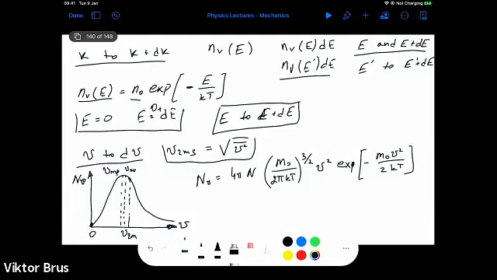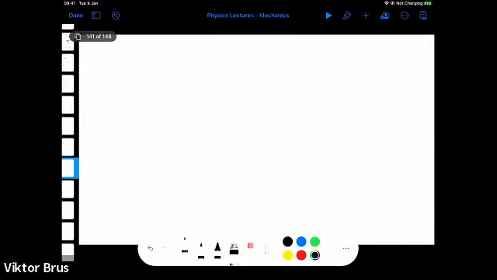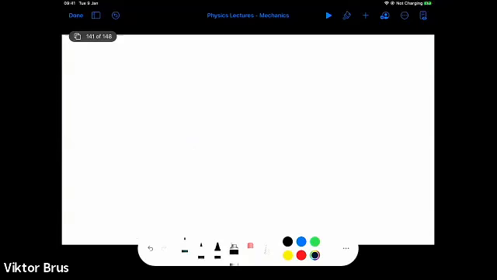So we see that it's a kind of complicated function, but what is important is that it depends exponentially on temperature, and the effect of temperature will be seen by broadening this distribution.